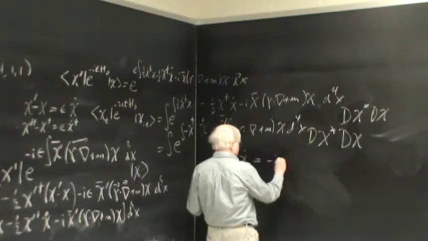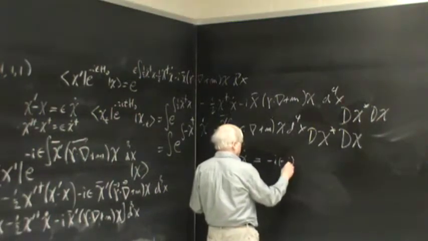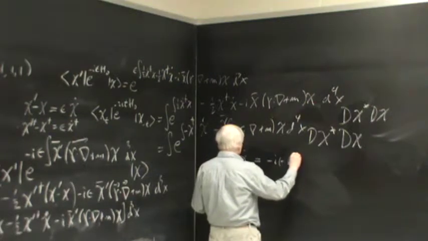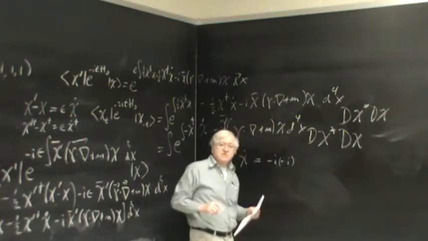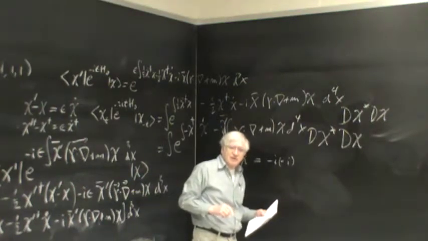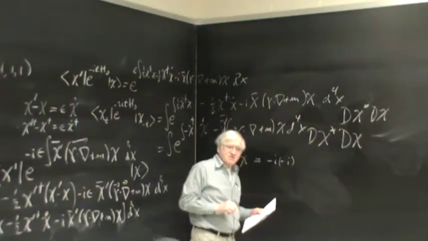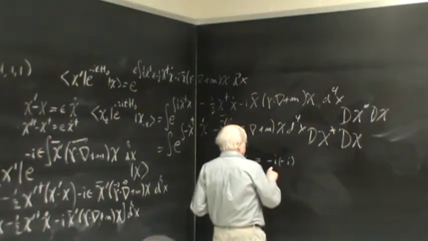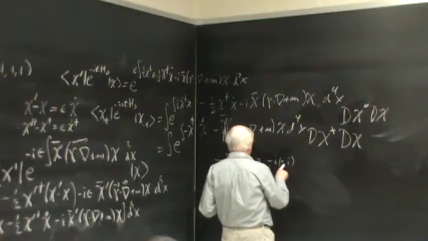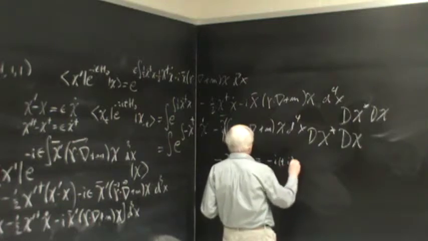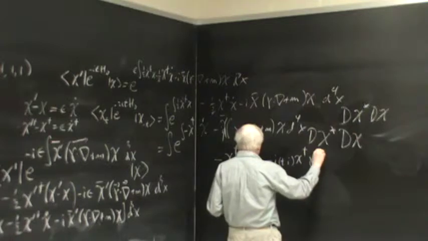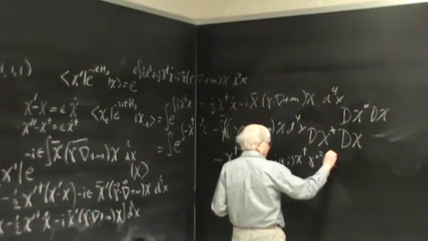And this is minus I times minus I. Oh, gamma 0 squared is minus 1 in Weinberg land. So in Austin, Texas, gamma 0 squared is 1. That's a minus I. So I have minus I, and so I can make this a plus I, chi dagger gamma 0 squared chi dot.